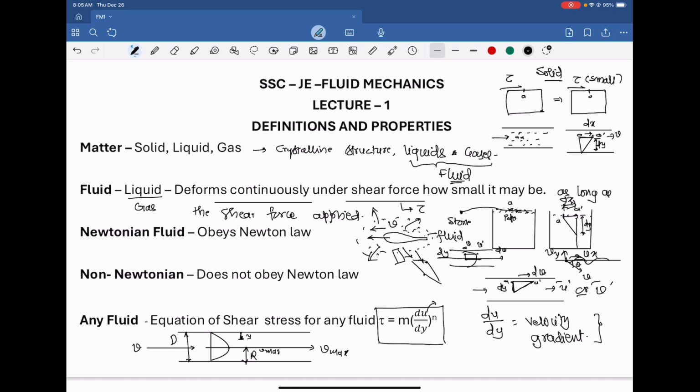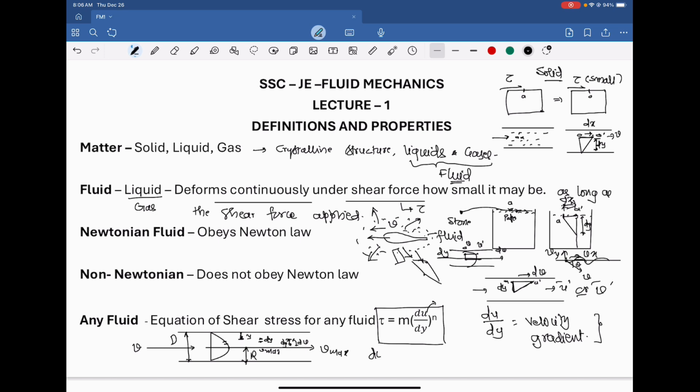It can change up to R. When you change, this is Y, then this is dy. Let us say it is another point. Whatever shape is there, it is the dv change, and this vertical distance is dy.